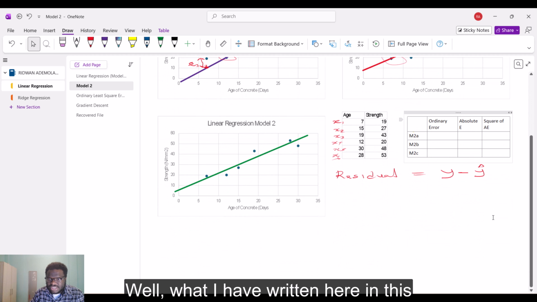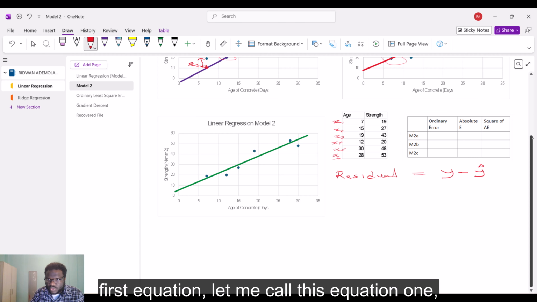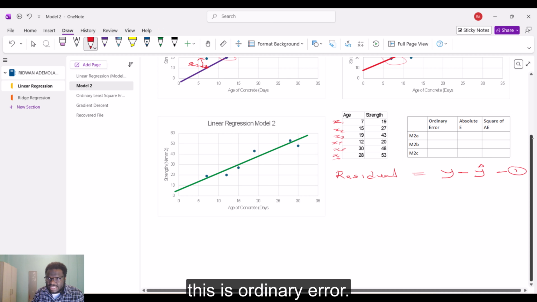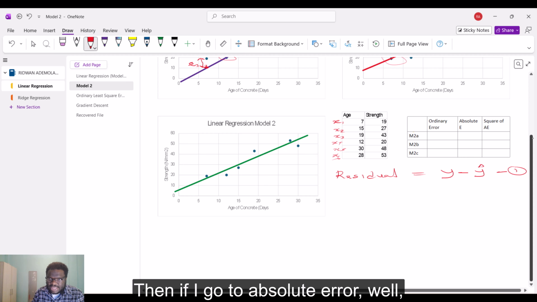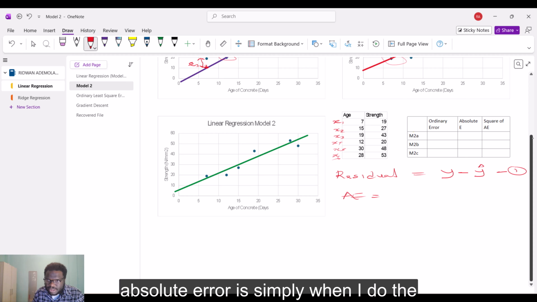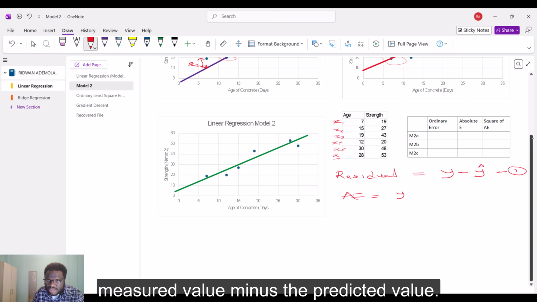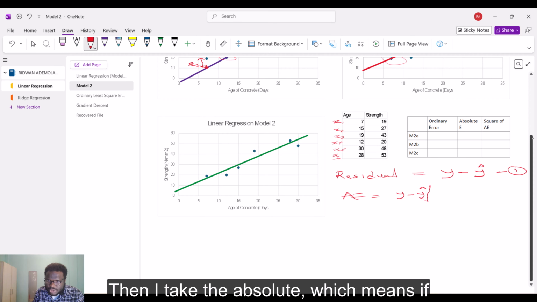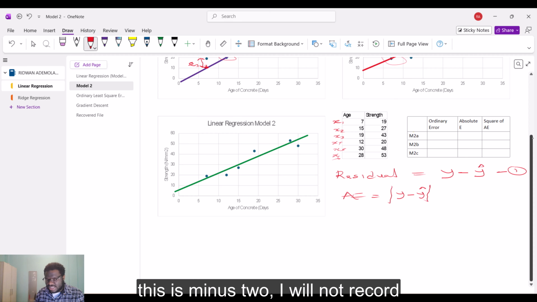Well, what I have written here in this first equation, let me call this equation 1, is the ordinary error. Then if I go to absolute error, absolute error is simply when I do the measured value minus the predicted value, then I take the absolute, which means if this is -2, I will not record -2. I will say 2. That is what absolute means.